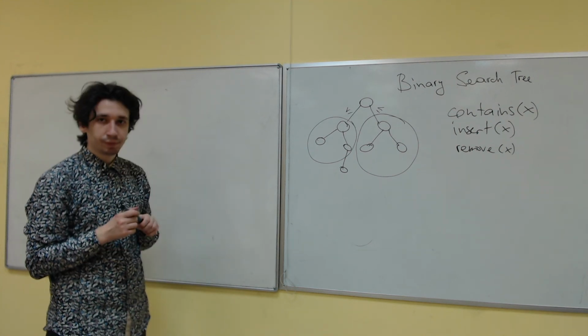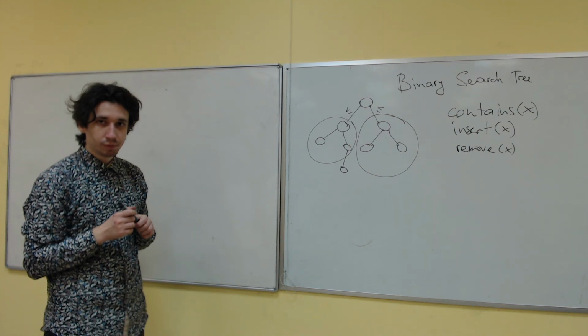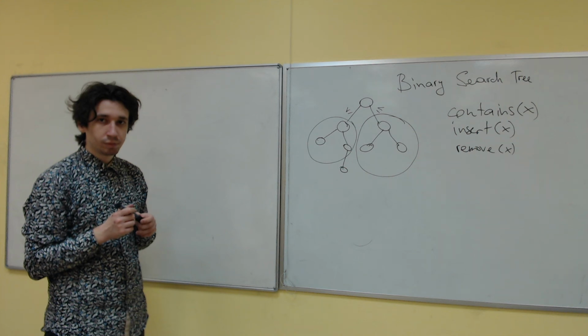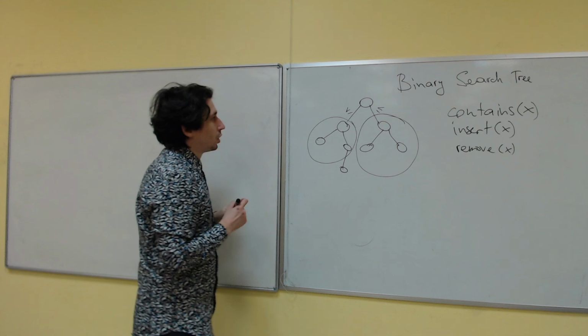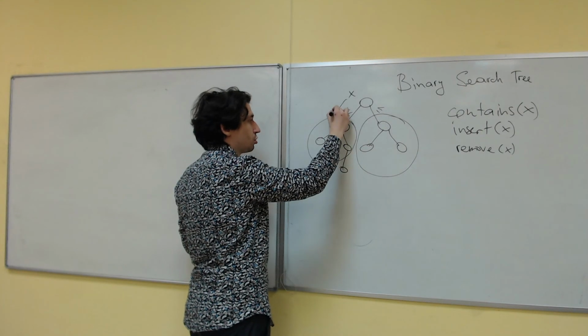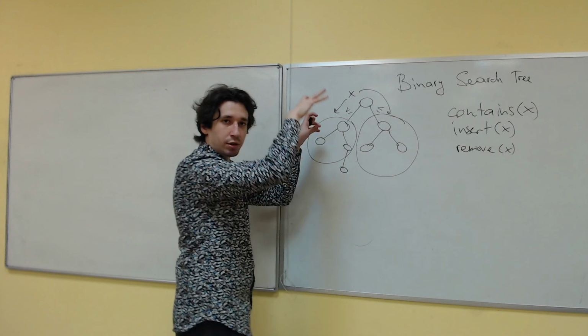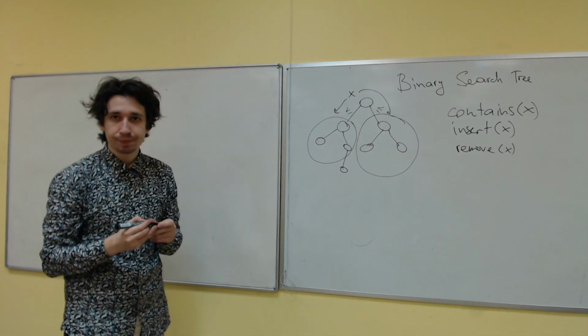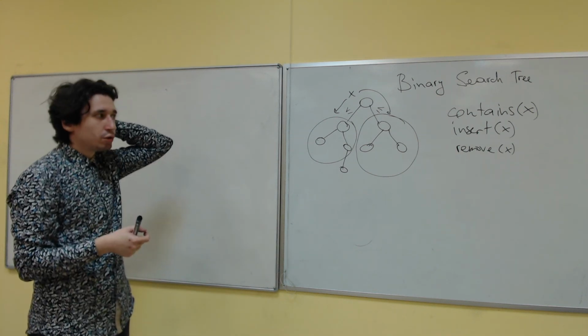If it doesn't, then we look if it's bigger or less than our root. If it's bigger, then we look at the right subtree. If it's less, then we look at the left. Exactly. So we compare x with the root, and if it is less, then it should be in the left subtree. If it is bigger, then it should be in the right subtree. And then you just go recursively to their children.